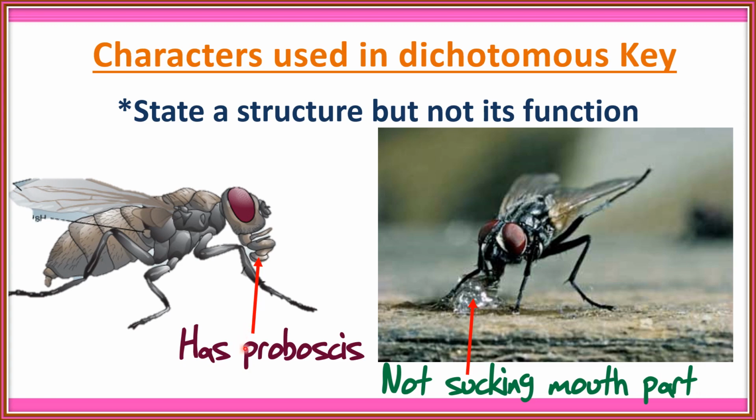No, we say it has a proboscis. The structure. We talk of the structure, not the function. Sucking is a function. Proboscis is the structure. We don't use functions, we use structures.